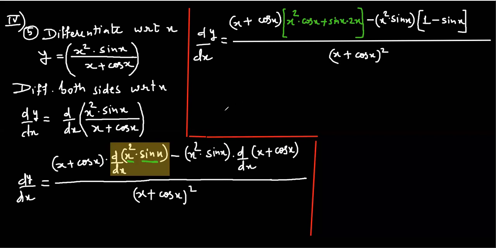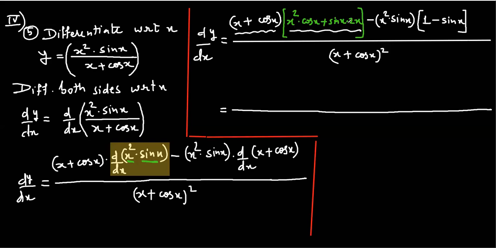So now what I do is, I multiply these brackets. Okay, in this bracket I have got two terms, and here also two terms. These two will get multiplied, and here also I'll have to multiply.